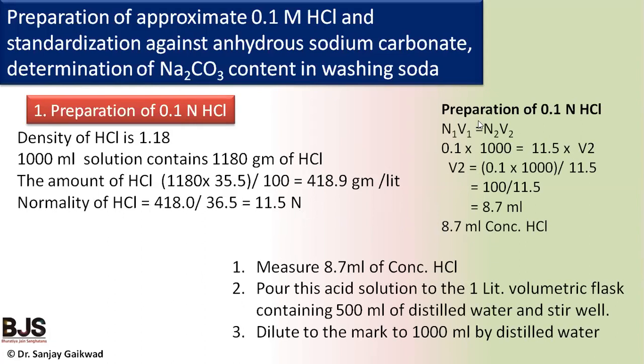By calculating with the N1V1 = N2V2 formula, for 1000 ml of solution we require 8.7 ml of concentrated HCl. We measure this, transfer it into the flask, and dilute to 1000 ml, giving a 0.1 normal, 1000 ml HCl solution.